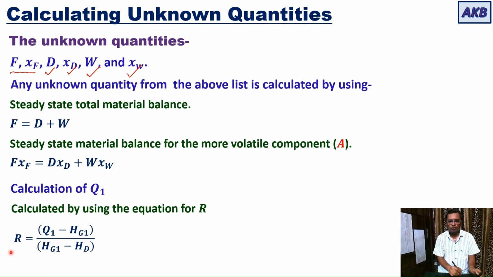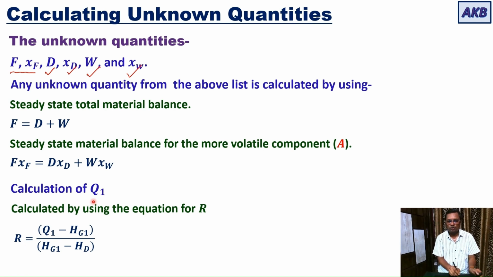You are going to get Q1 by using the equation for reflux ratio. What is that equation? R is equal to Q1 minus Hg1 divided by Hg1 minus HD. So R is known, Hg1 and HD will be known after you plot the enthalpy concentration diagram. And then the only unknown that is left is Q1, and you can get the value of Q1.